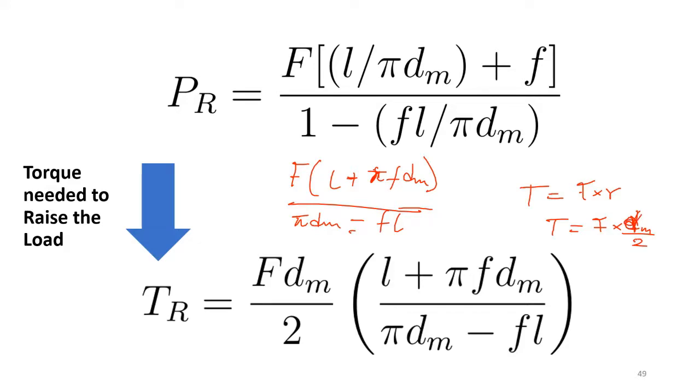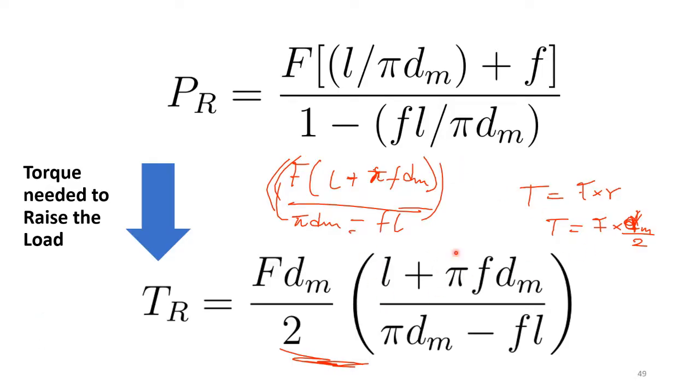So to determine the torque that is necessary to raise the load, we just multiply this expression we have up here by the radius, which is dm on 2, and that will give us this expression down here. This expression now gives us the torque necessary to raise the load F.